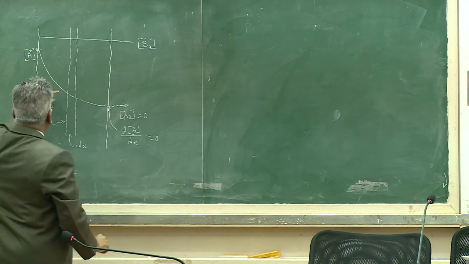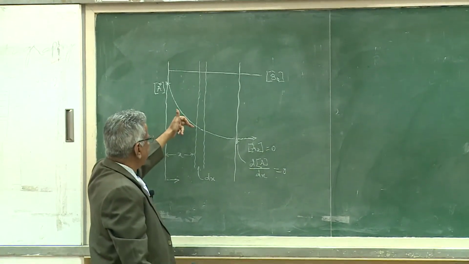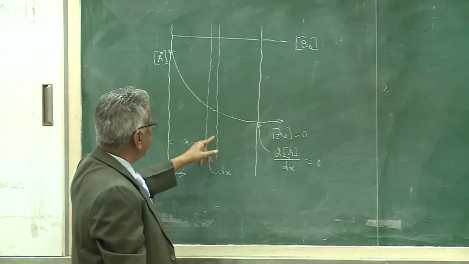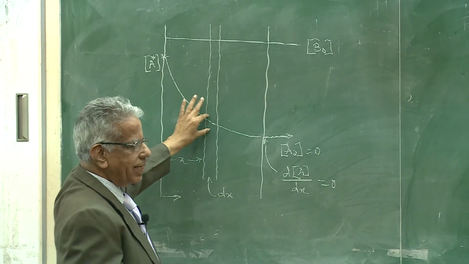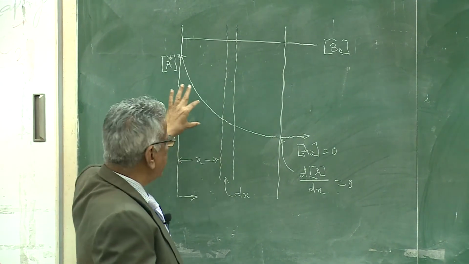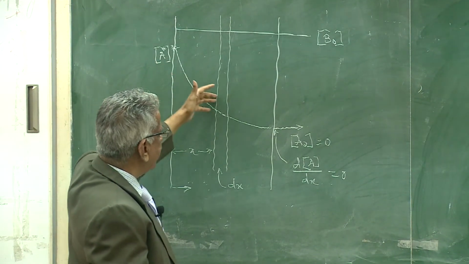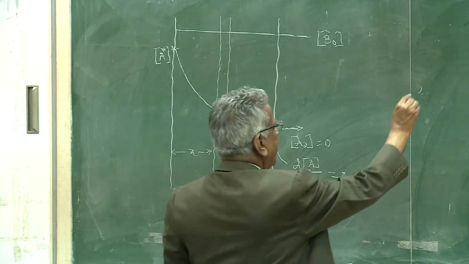So, A enters this surface by diffusion, leaves the other end of dx by diffusion, and some chemical reaction happens here. When added over all the elements in the film, the reaction is complete. So, let me write the mass balance.